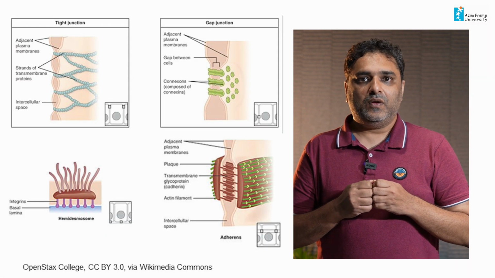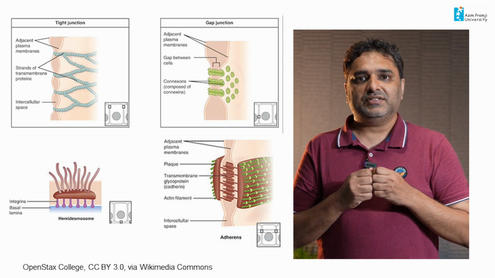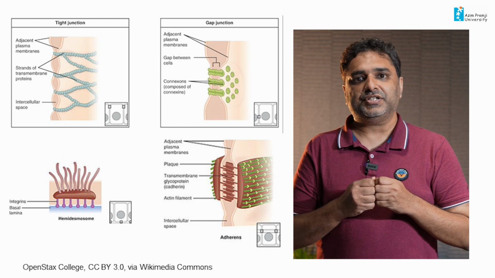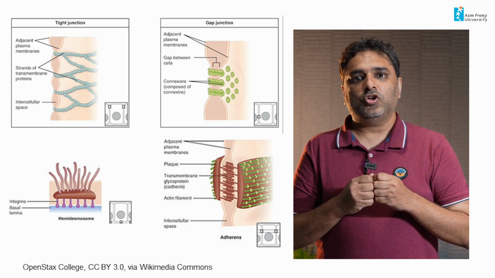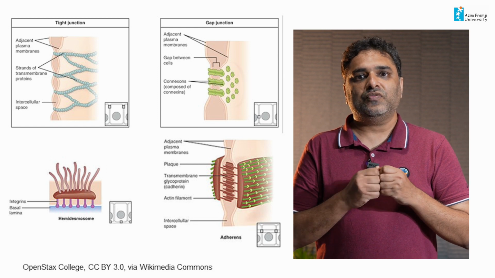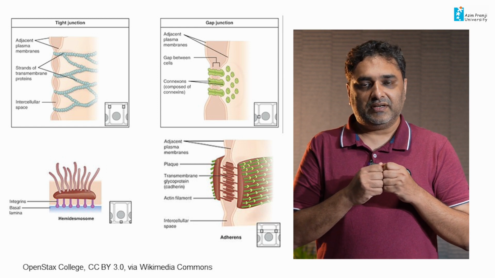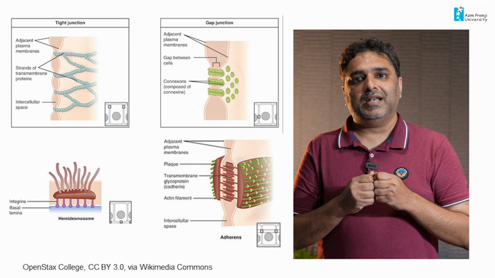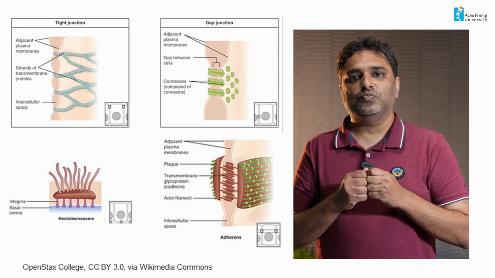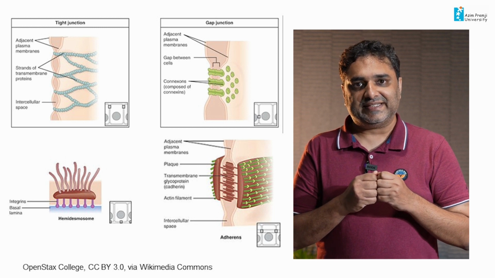In this slide, we see each of these junctions shown, where one can appreciate that these junctions allow the cells to now come together and perform certain functions. So, for instance, the gap junctions allow transmission of cytoplasm, or transmission of signals within the cytoplasm, to move from one cell to another cell.